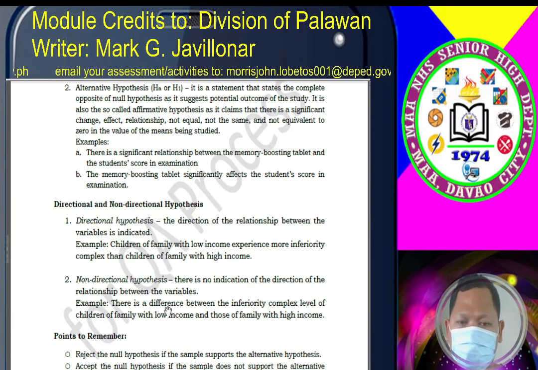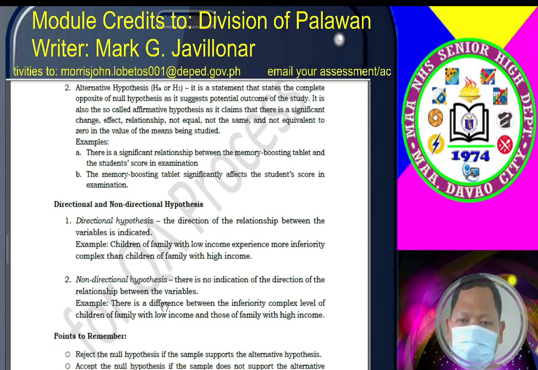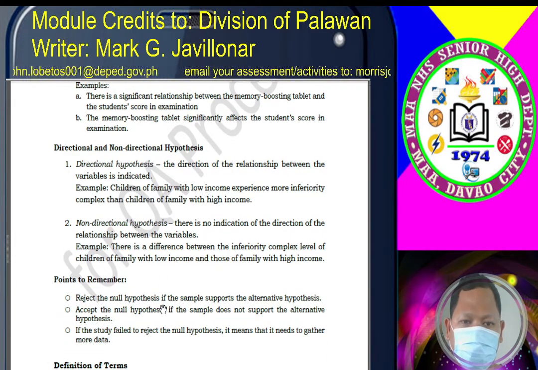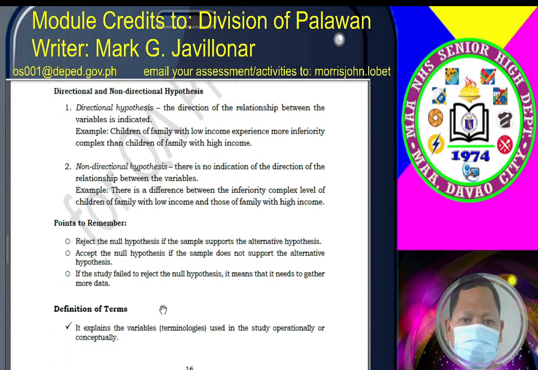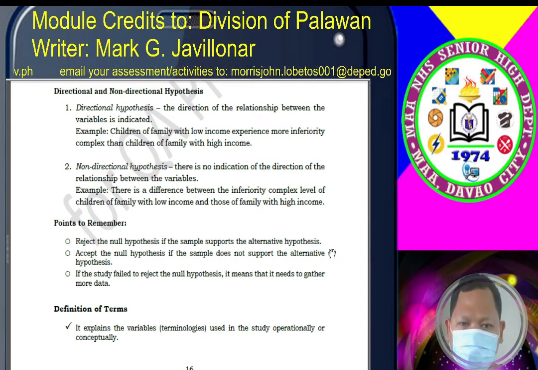It just tells you that there is a difference, but we cannot tell whether that difference is more or less. Okay, so it's non-directional.